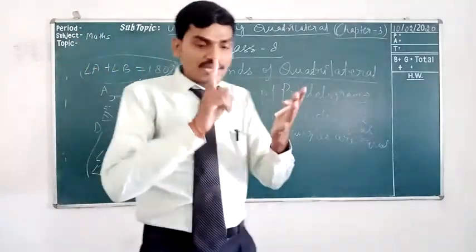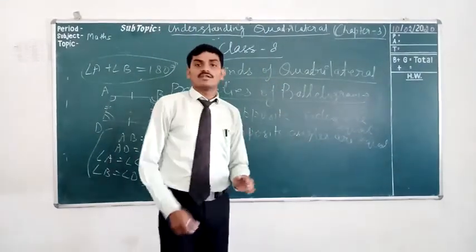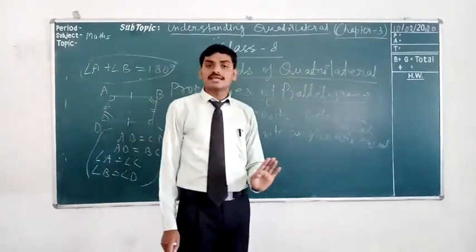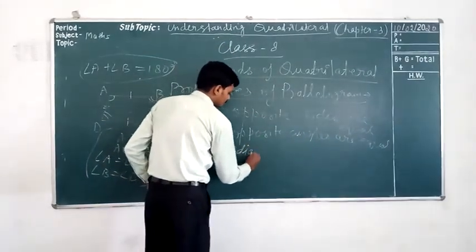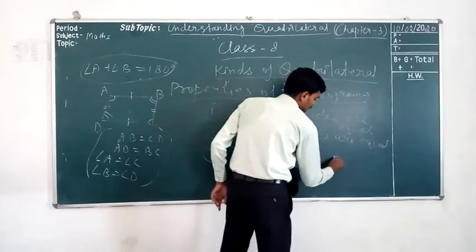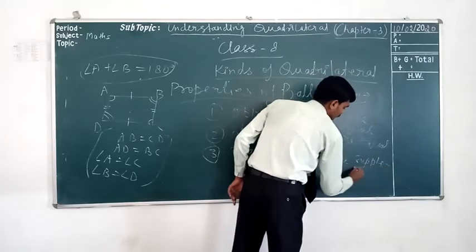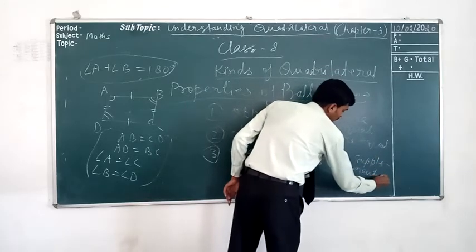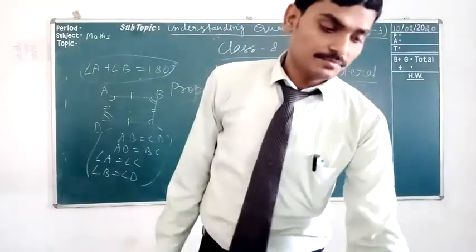So here are three properties of parallelogram. First one is opposite sides are equal, second one is opposite angles are equal, and third one is adjacent angles are supplementary.